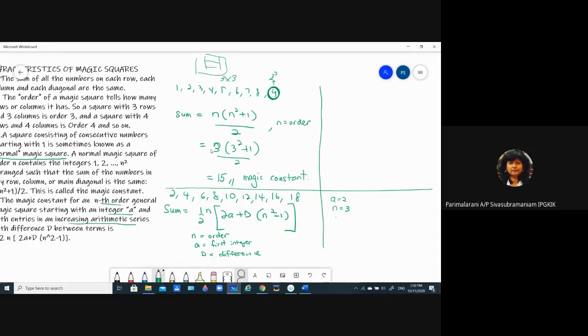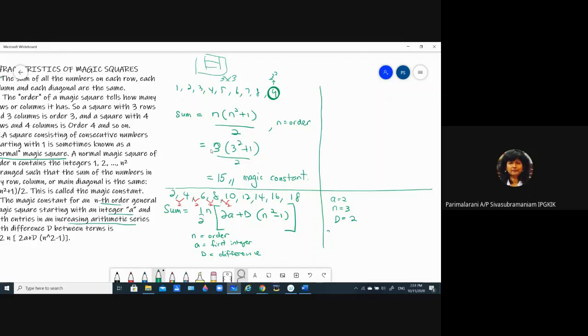What is the difference? Difference between 2 and 4 is plus 2. So all the differences are the same. This is an arithmetic series. You add 2 to build the series. The difference is 2, so d is equal to 2.